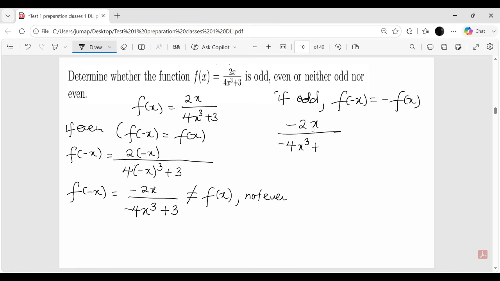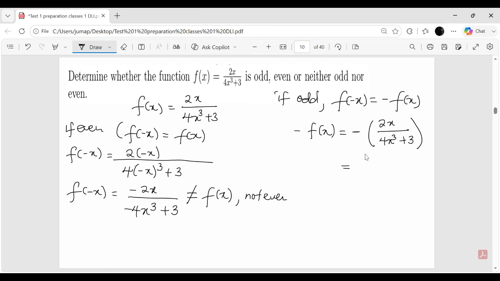So now, before I use this one, we already have f of negative x. Okay, so let us find negative f of x. Negative f of x is equal to, you get the negative and multiply it with the function f of x, which is 2x over 4x to the power 3 plus 3.